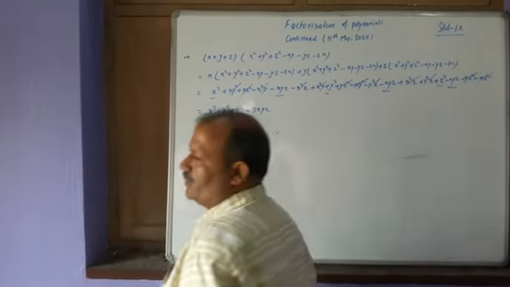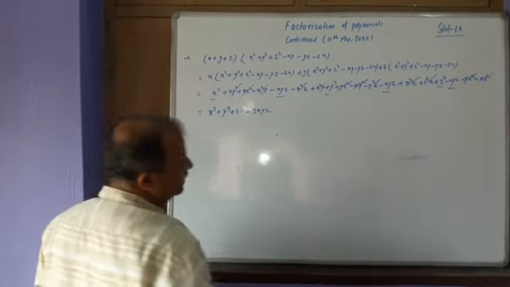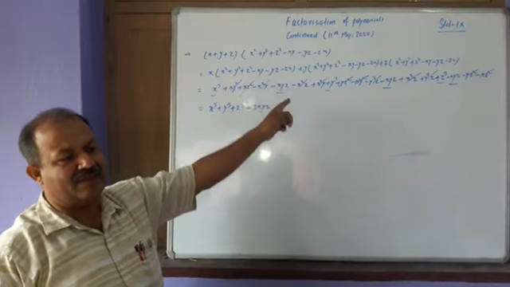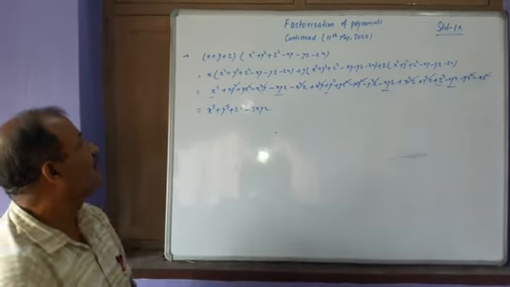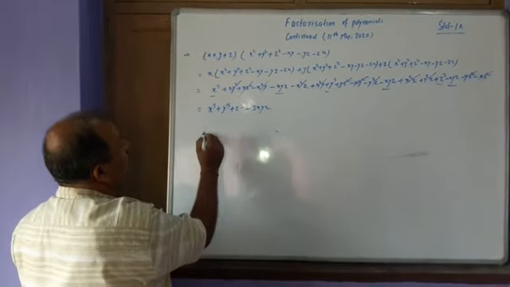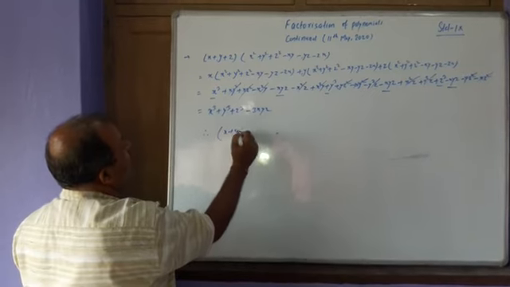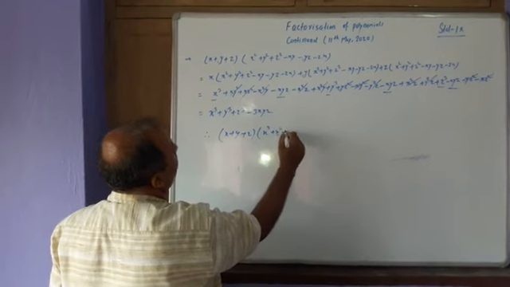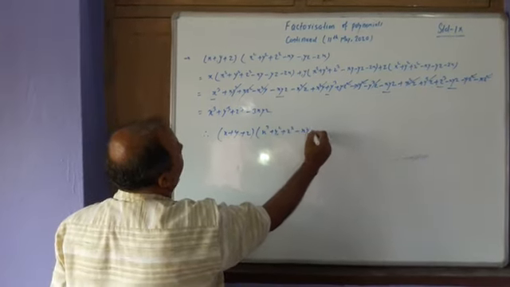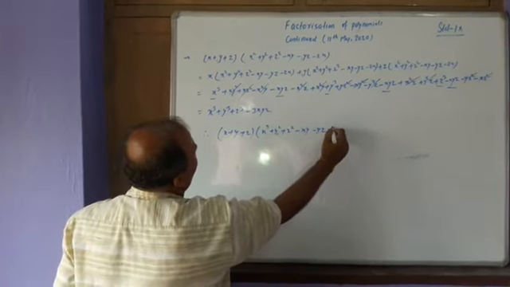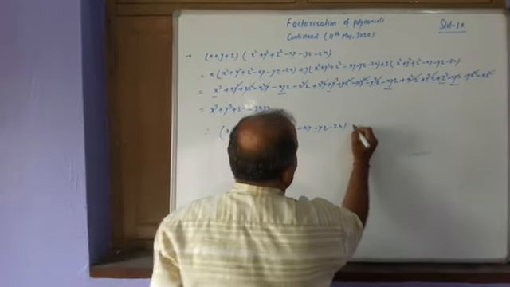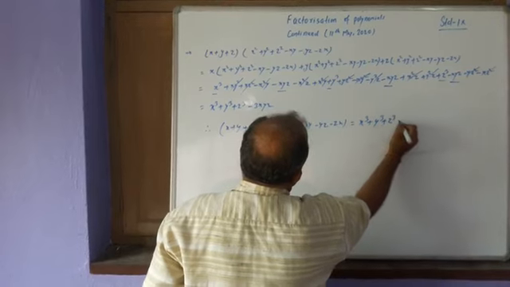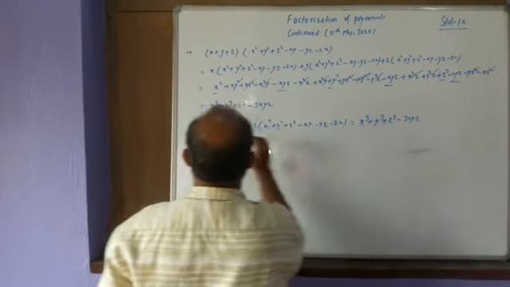All the rest of the terms are cancelled by each other, because when we get the same term with minus and plus, both will be cancelled. In this way, we find that (x plus y plus z) into (x square plus y square plus z square minus xy minus yz minus zx) is equal to x cube plus y cube plus z cube minus 3xyz.